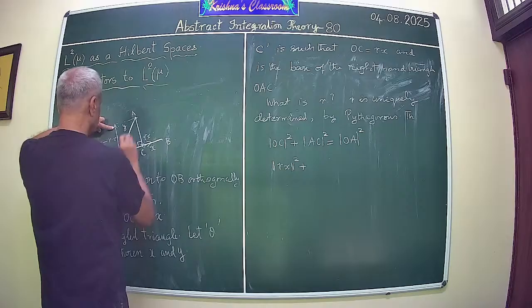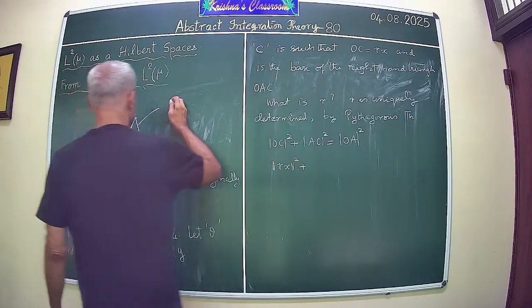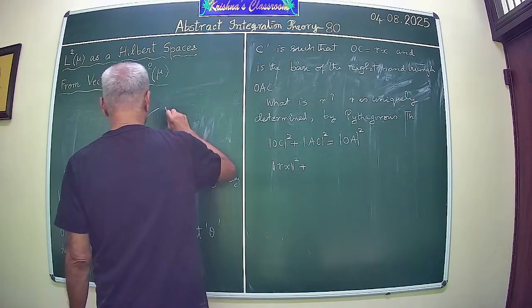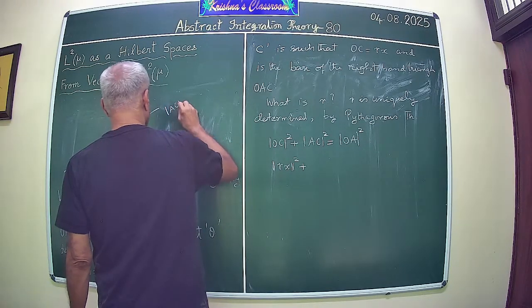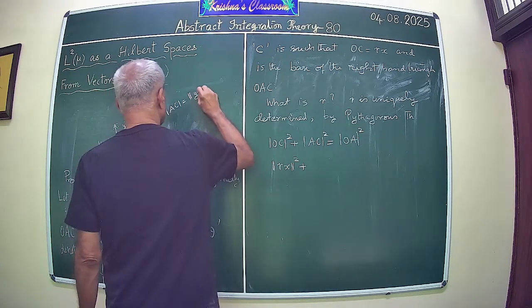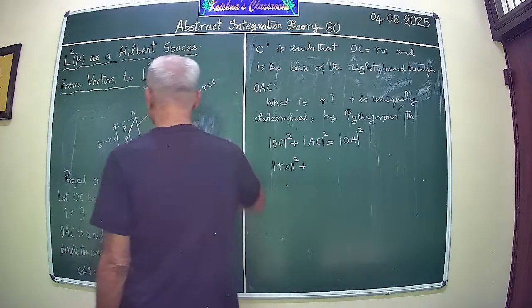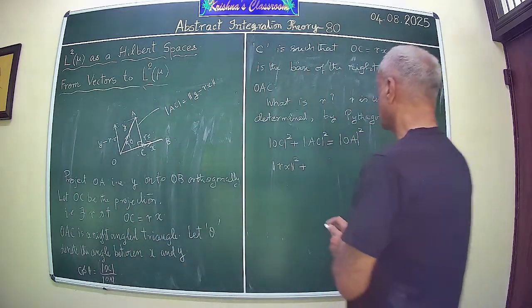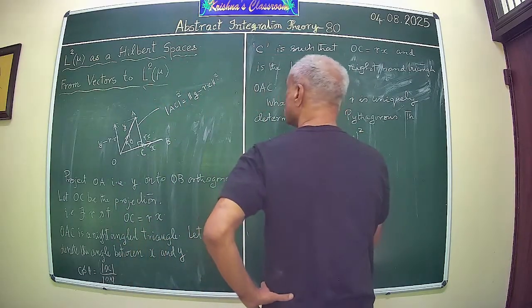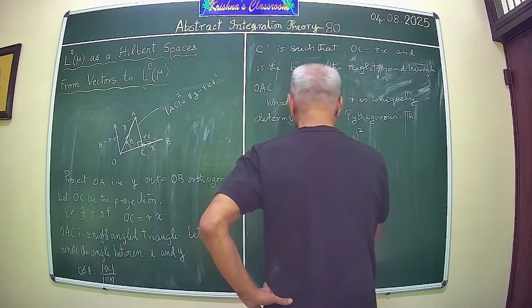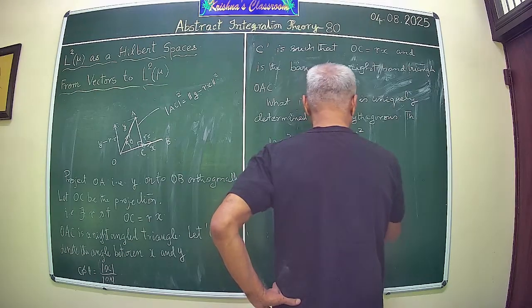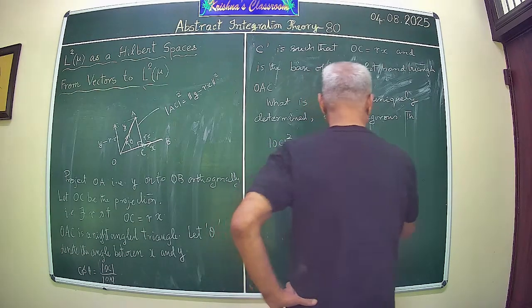This vector is y minus Rx. Therefore, this is the equation.